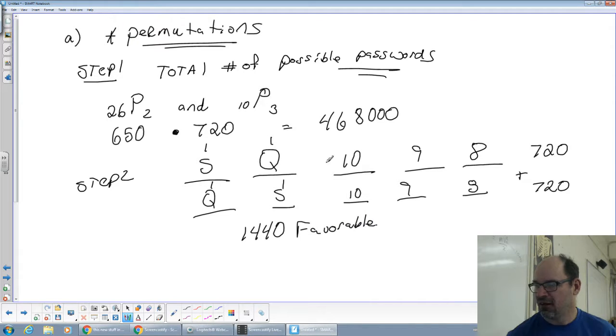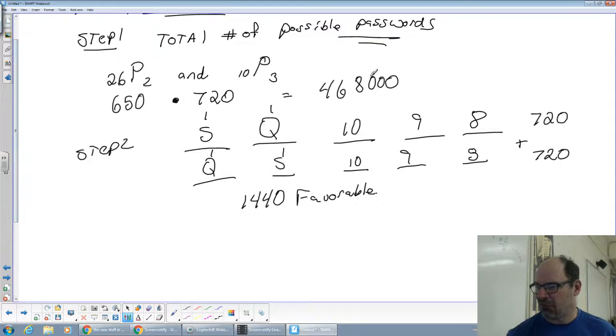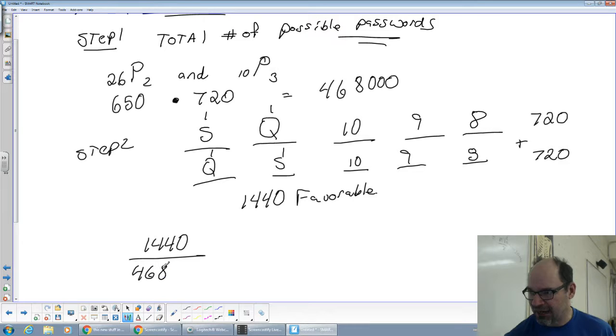That means that fit the passwords, because there could be any number of those letters there. So that means now to get probability, we take the favorable divided by the total. So 1,440 divided by 468,000. Okay, so now if we do that, what do we get? 1,440 divided by 468,000.